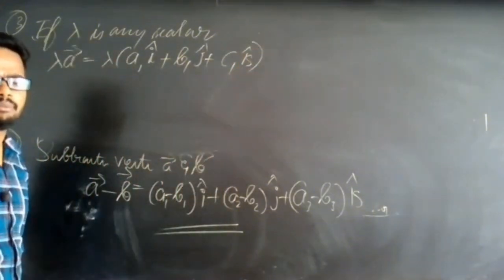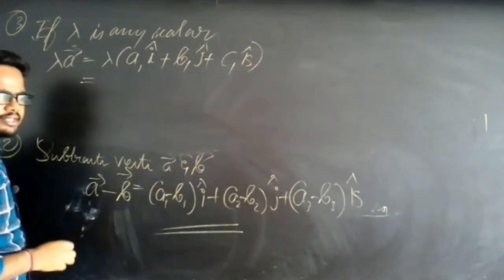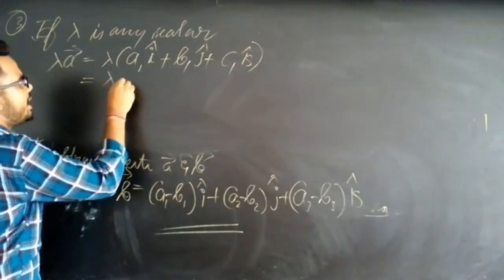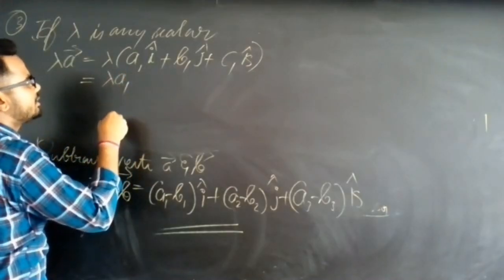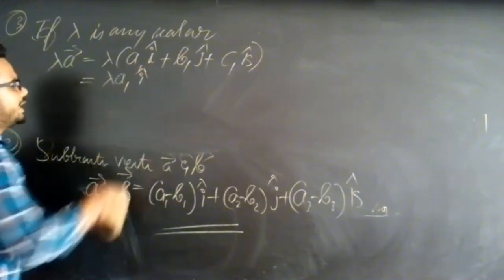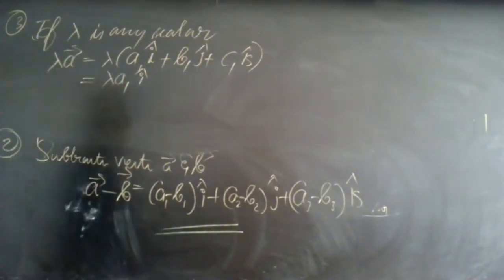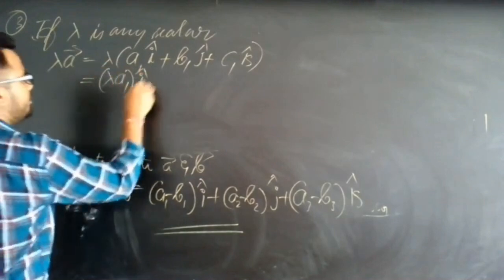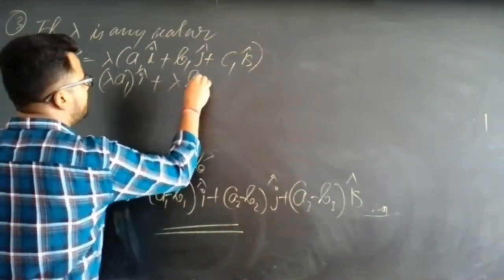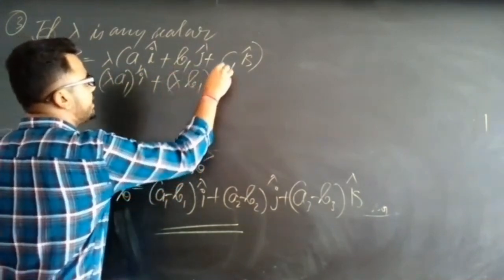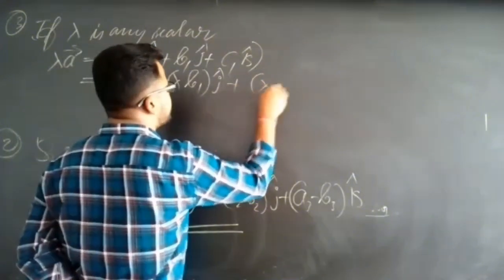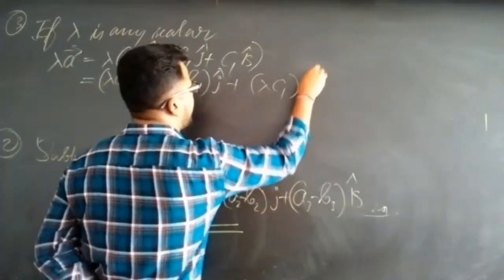This can also be written by taking lambda inside: lambda A1 into i cap plus lambda B1 into j cap plus lambda C1 into k cap.